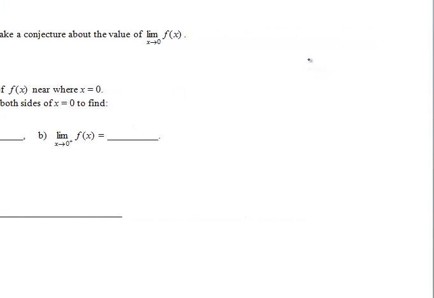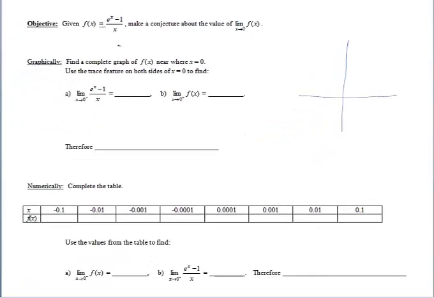Find a complete graph of the function near where x is 0. If you want, pause the video, go to your calculator and type this into y1, or any open y equals register you have. You're going to observe a graph that looks like this, a nice exponential, which makes sense because we have the natural exponential function in this equation. However, as calculus students, we know that if x is 0, we're dividing by 0, and that's never good.